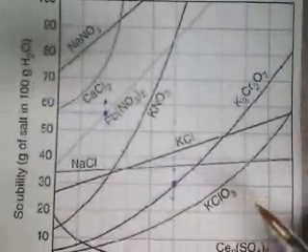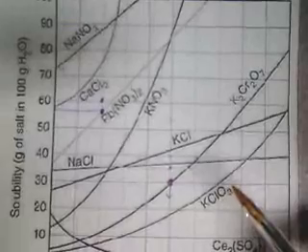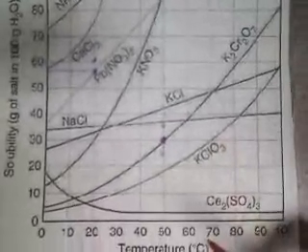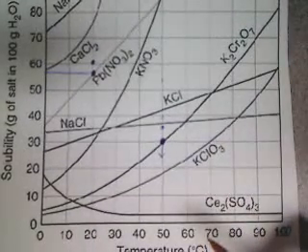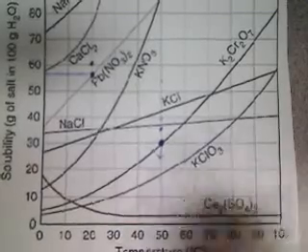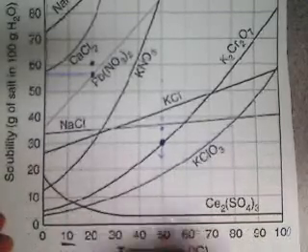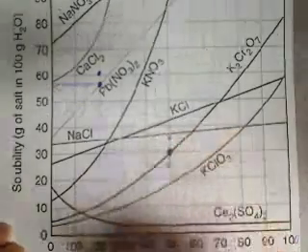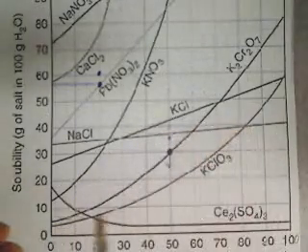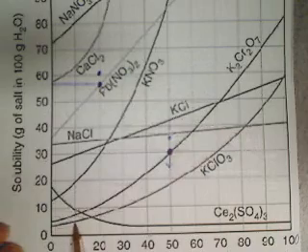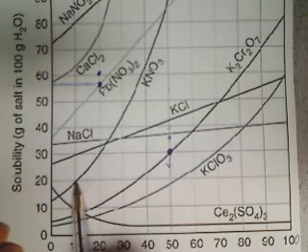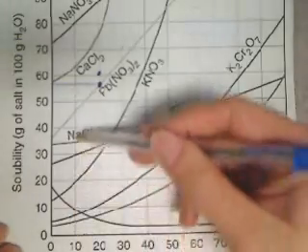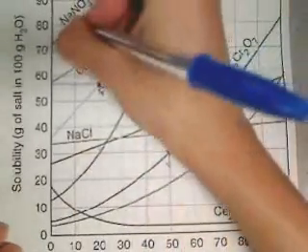Which compound on this chart is the most soluble at 10 degrees? We're going to go to 10 degrees here, and we're going to see which one I can have the most grams of. This first one, I can only have 5 grams, 7 grams, about 20. As we follow this line up, the compound that we hit at the very top is going to be sodium nitrate.